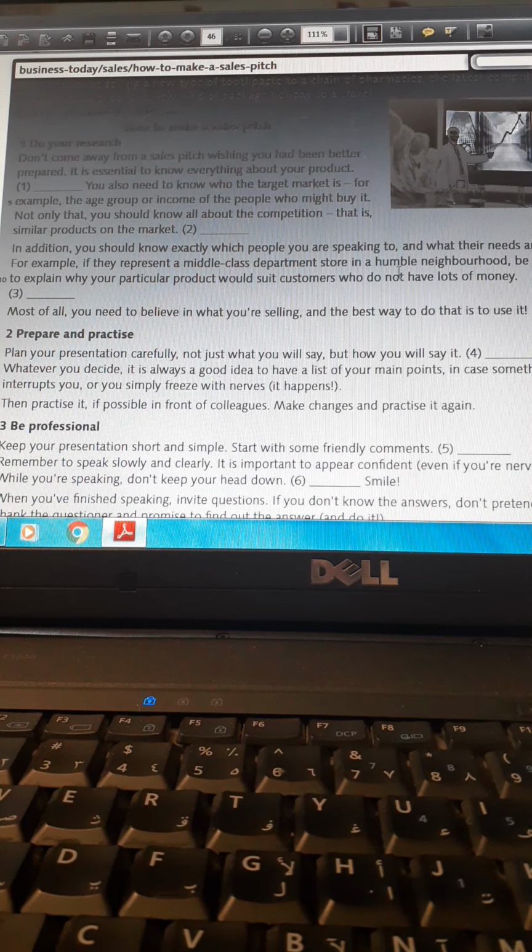In the title, they're trying to tell us whatever your product is, whether it's a toothpaste, a software, or a package holiday, you should have the ability and the skills to make a good sales pitch. Again, a sales pitch is a sales presentation. The purpose of the sales presentation is to market a certain product. So we'll be talking today about the skills needed and required to make a good sales pitch to market that product.